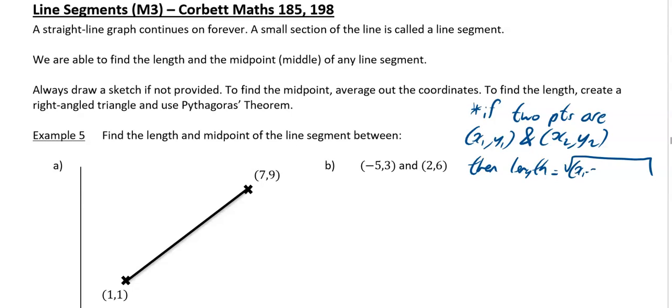You do your x1 minus your x2 and you square it, and then you do your y1 minus your y2 and you square it. And then it is the square root of everything.